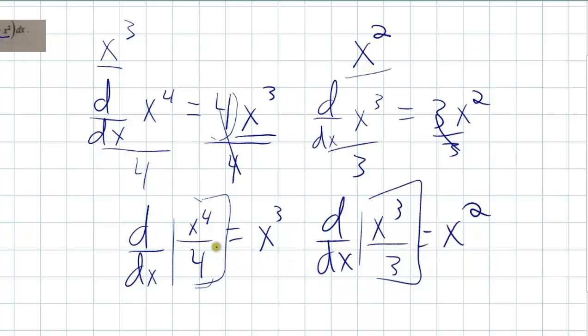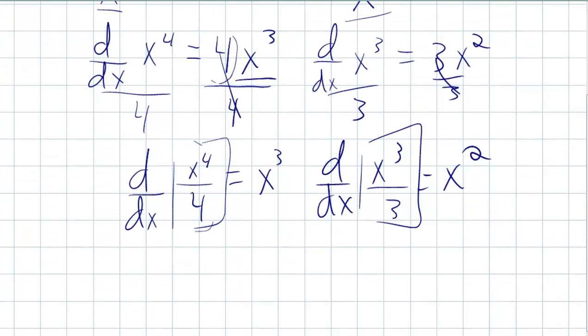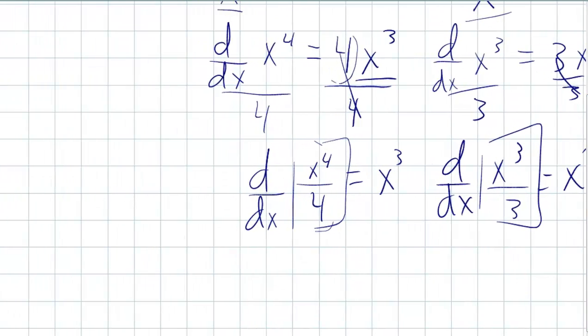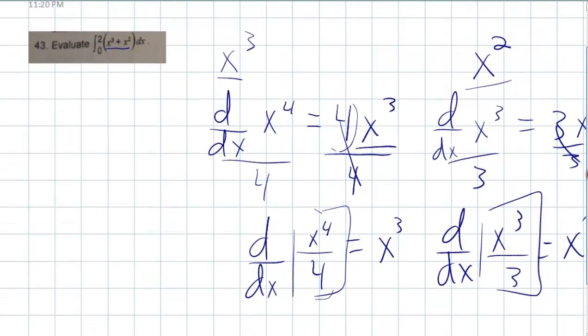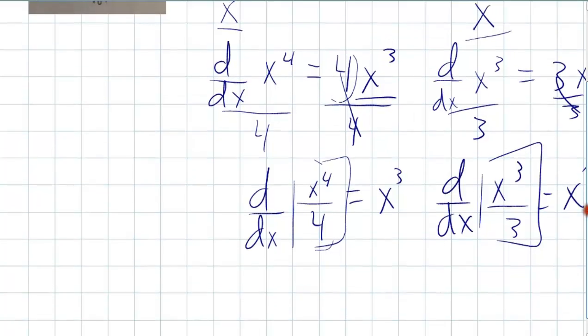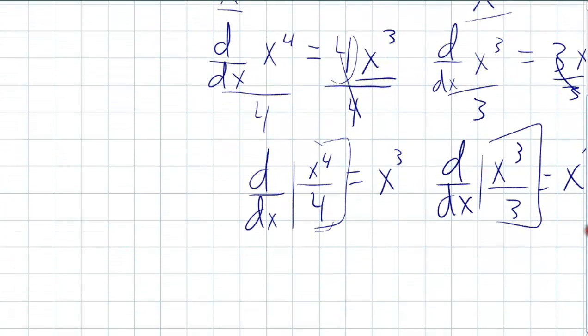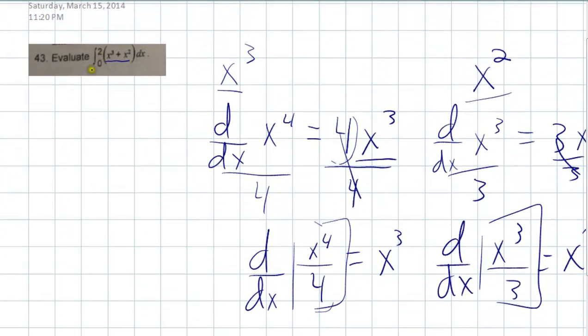And if you were to take the derivative of either of these, you would end up with what you started with. Okay? So now we have that part. Now we have to use the second fundamental theorem of calculus. Essentially what that states is that to evaluate this, we need to take F(a) minus F(b), I think it's usually denoted.